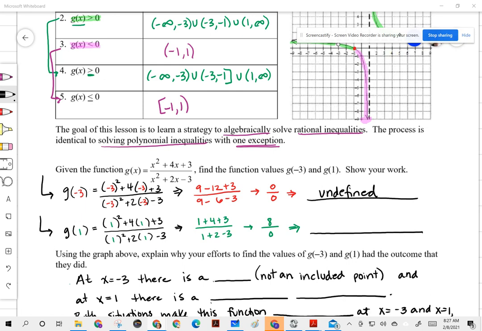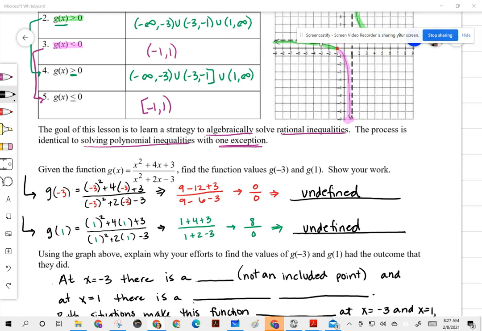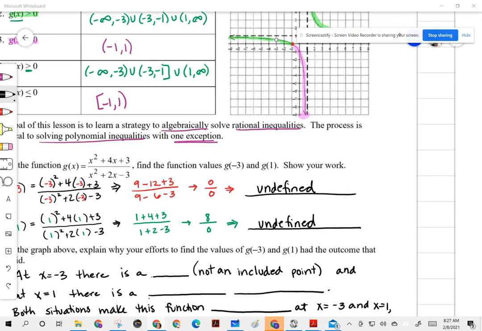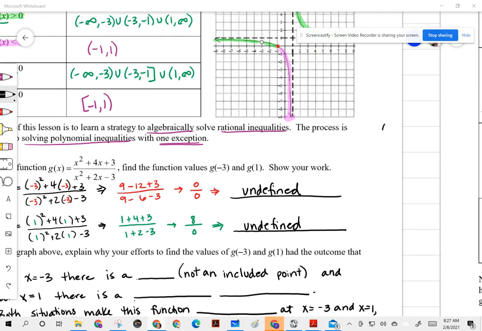And g of 1 is 8 over 0, and this is also undefined. So there are two ways to be undefined. As a reminder, when you're dividing by 0, it's okay if 0 is on top. It's no if 0 is on the bottom.